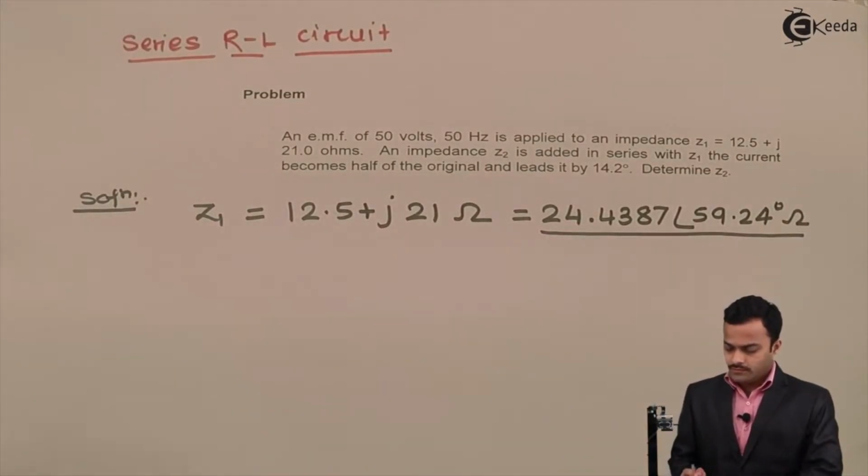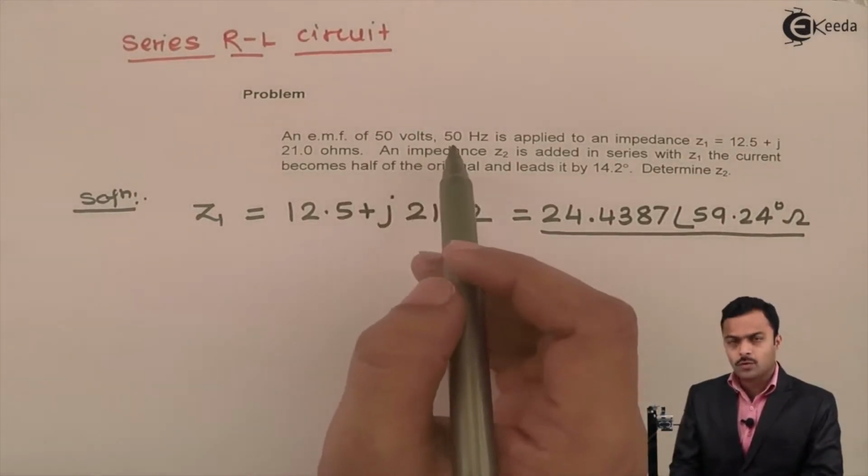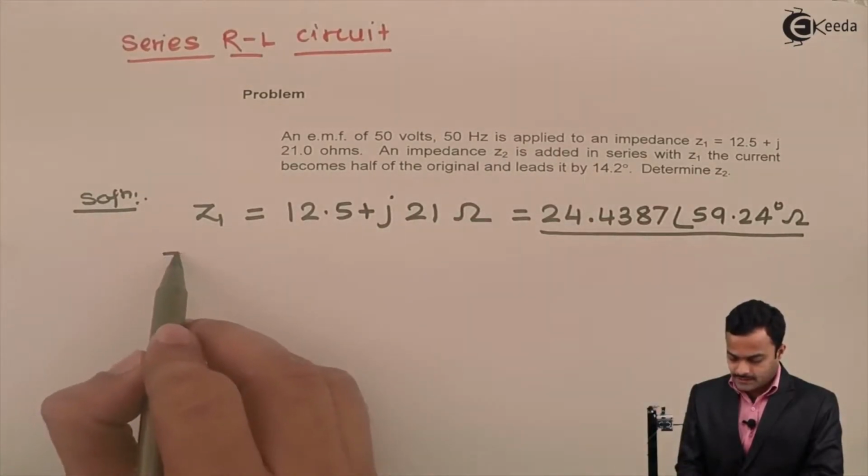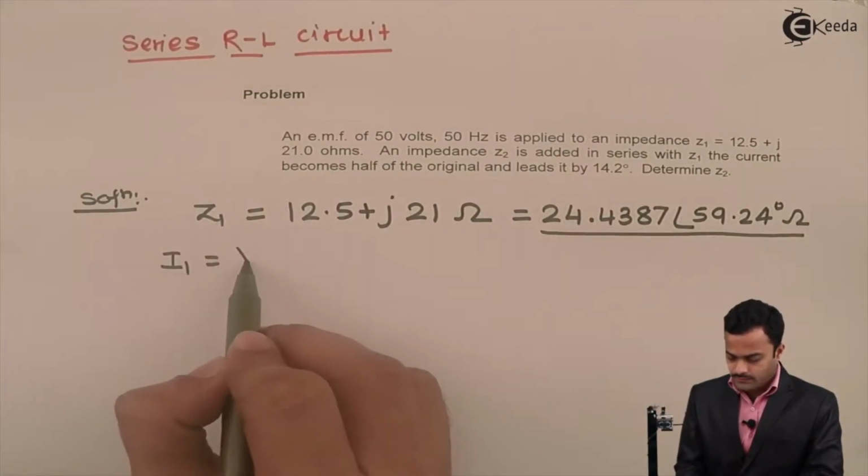Now, for this Z1, EMF is 50 volt. So I can get I1 equal to V upon Z1.